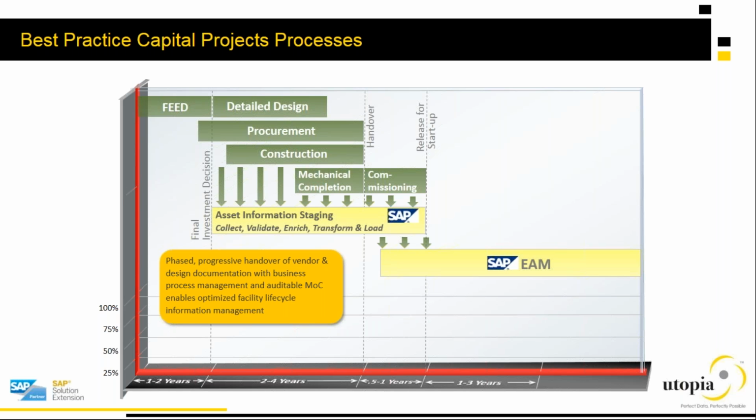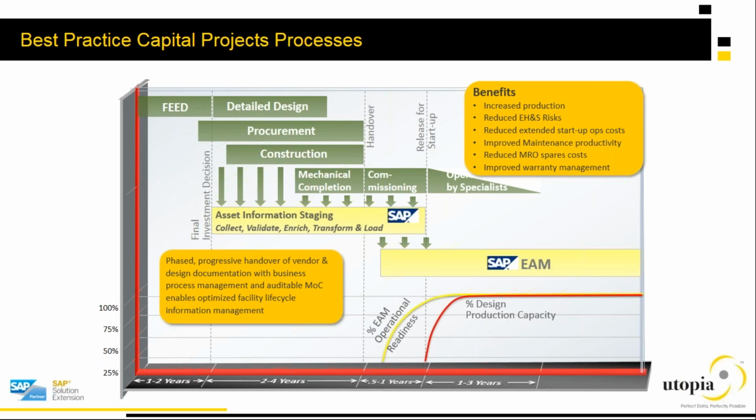You want to provide a staging area where your EPCs and the folks that will be maintaining your plant can start to build out that system, that solution early on. Ultimately, right, providing that auditable management of change so that the facility is run very efficiently at startup.